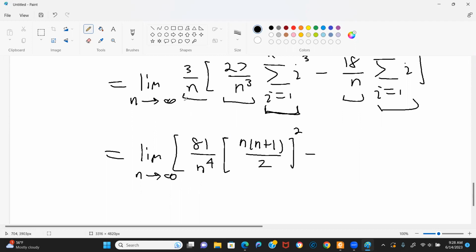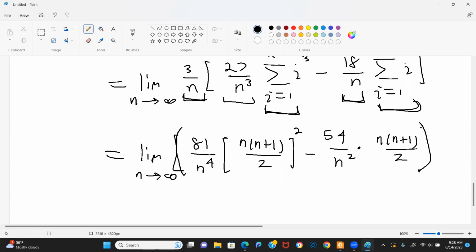And then minus, now I'm going to distribute this to this. This is going to be 54 over n squared, and now this gets replaced by n times n plus 1 over 2. Maybe I should have used a parenthesis here.